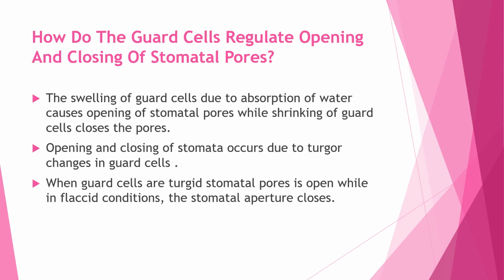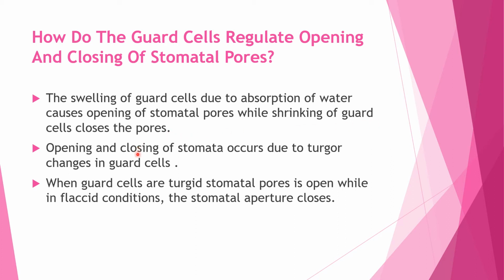And next, a very important question is: how do the guard cells regulate the opening and the closing of the stomatal pores? The swelling of the guard cells due to the absorption of water causes the opening of the stomatal pores, while shrinking of the guard cells closes the pore.